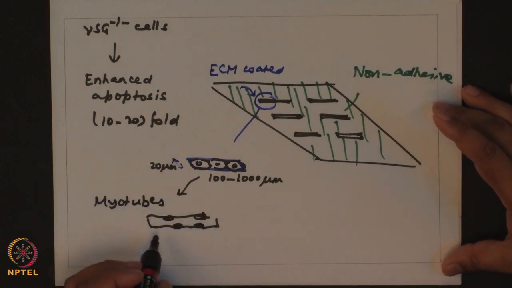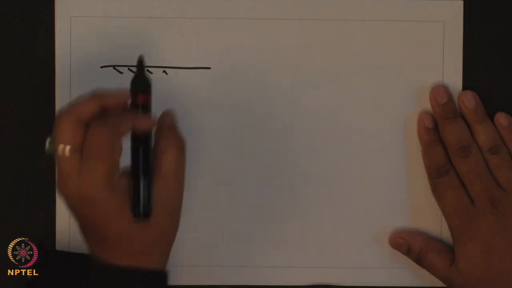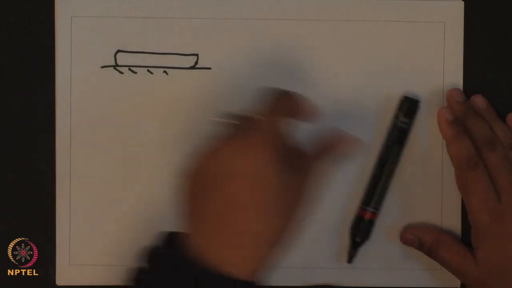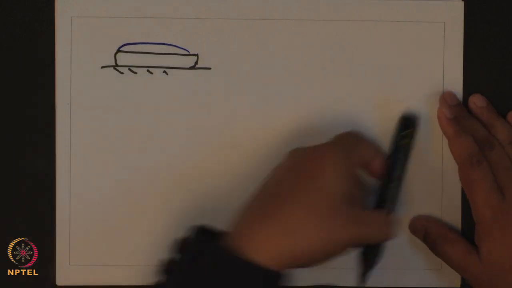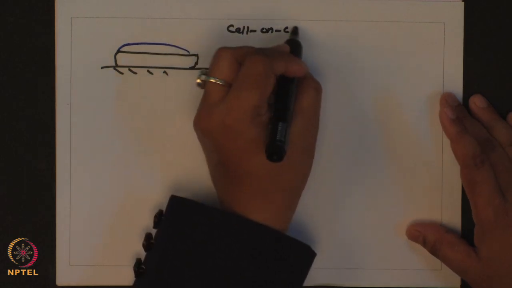You can generate these multiple structures. So, what people have done is on glass you have these substrates where you create this bottom myotube, and on top of which you add a second layer of muscle cells. So, you get the top myotube. In essence you have created a cell on cell system.